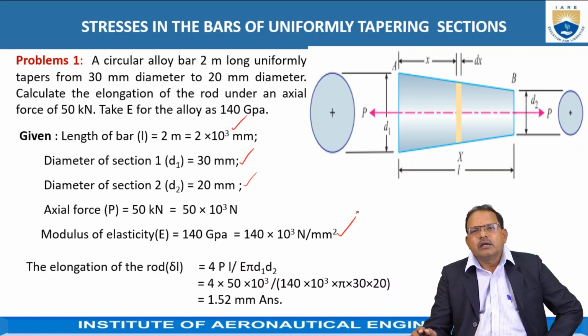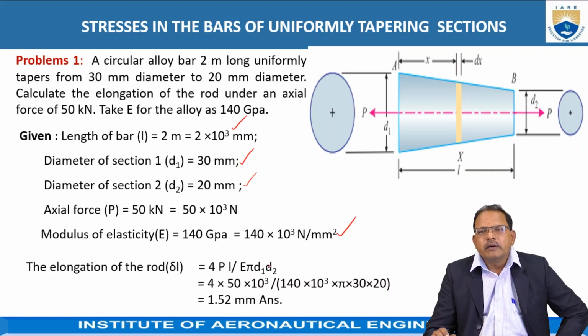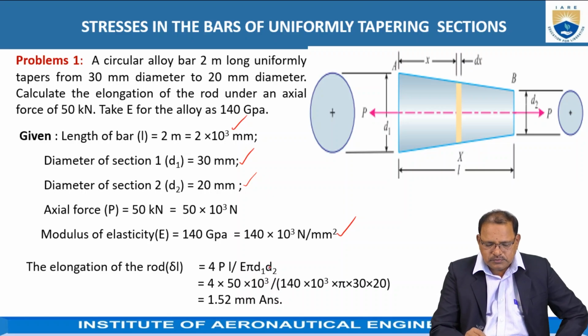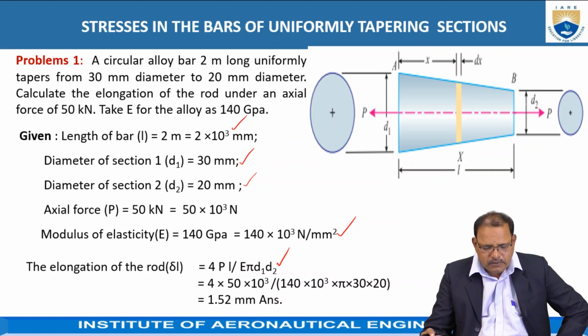The elongation of the rod, as per the previous derivation, is 4PL divided by E into pi D1 D2, where E stands for the Young's modulus of the alloy.